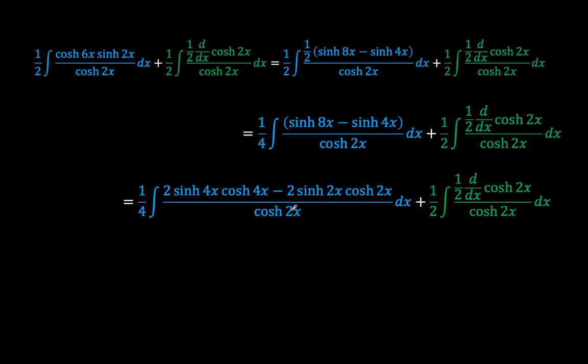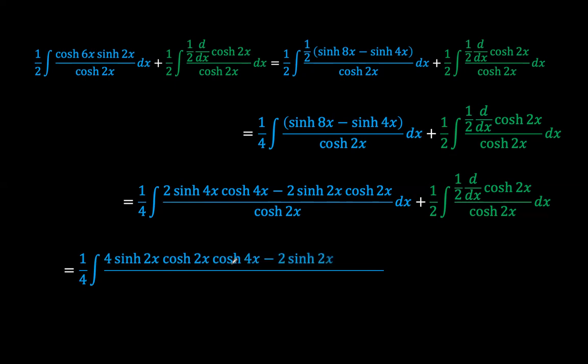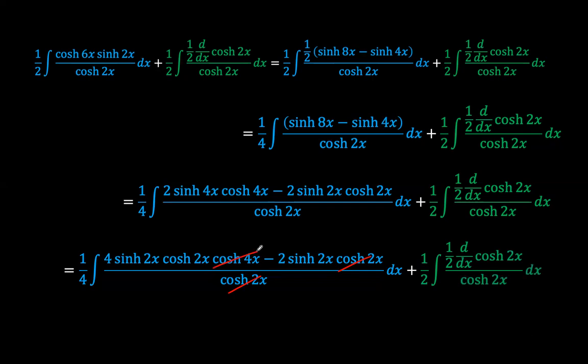And now the sinh 4x can be further expanded as shown here, which now means that the expression here is the same as 4 sinh 2x cos 2x cos 4x minus 2 sinh 2x cos 2x.